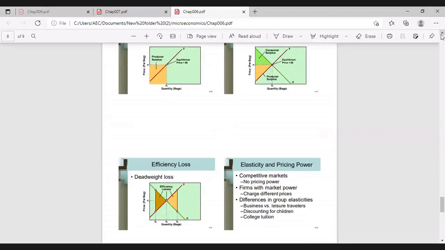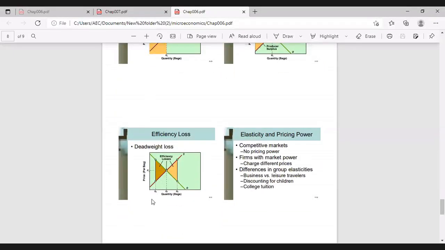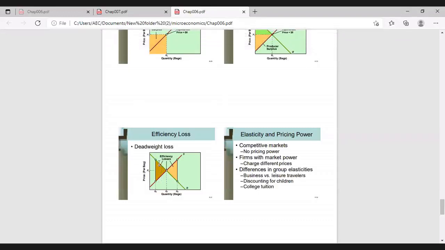If we produce Q2 here, lower than the equilibrium quantity, then up to the equilibrium quantity we are not producing. For that product, marginal benefit is greater than marginal cost, so if we produce more, we will get that benefit. So we are losing that efficiency. That loss is deadweight loss.